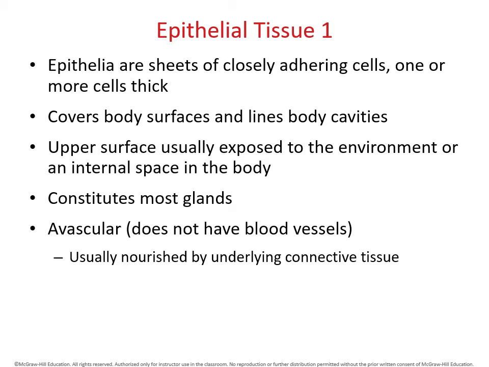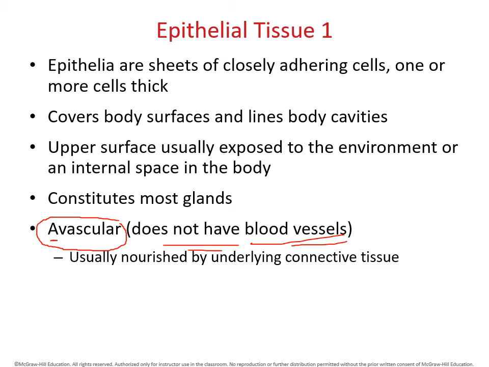Epithelium tissue is also known for the fact that it is avascular. Avascular means, a means without, vascular is for the blood vessels, so it does not have any blood vessels. And this is going to be really important because in our next chapter, we're going to take a look at our skin and discuss why our skin keeps shedding and there's a constant need to produce new cells.